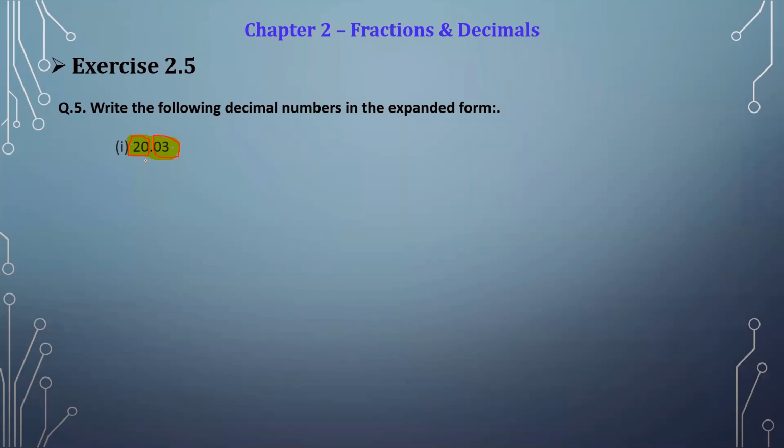So here if we compare the positions, for this number 20.03, if you consider the position of the 0 in the integral part, then we know that it is present at units place. The first digit is always units place, like 1 2 3 4 5, they are the units place.